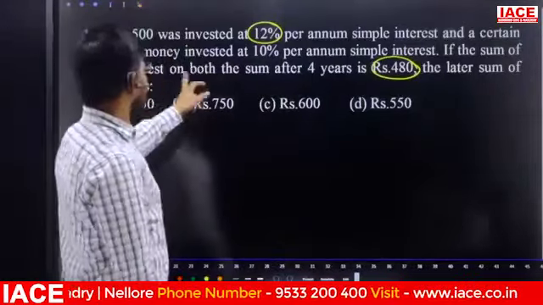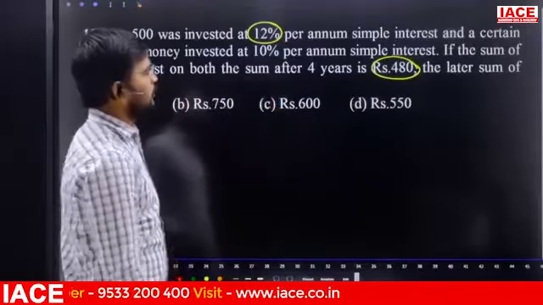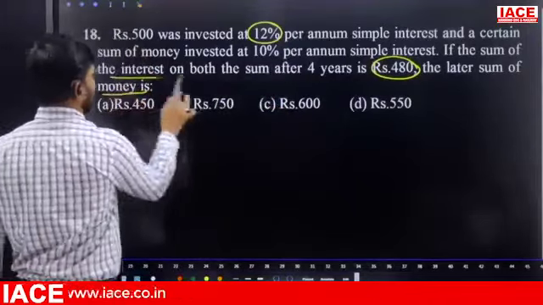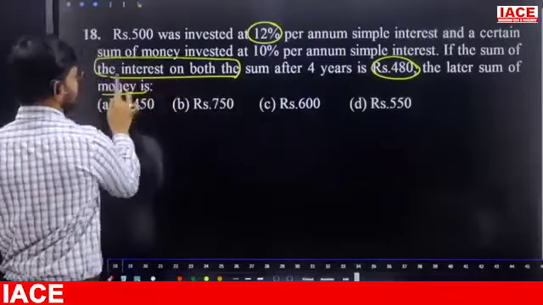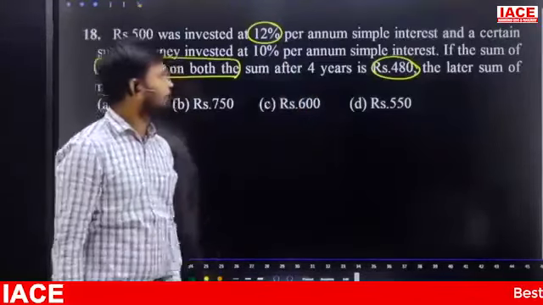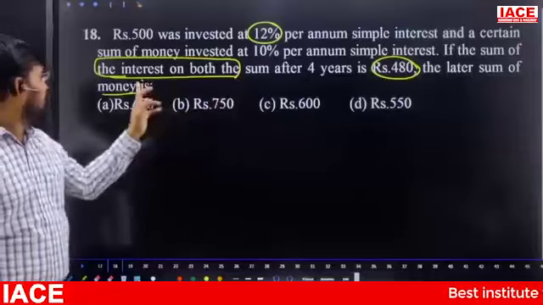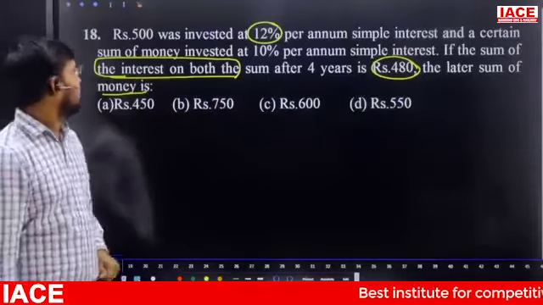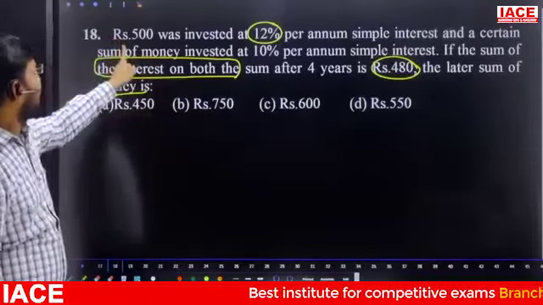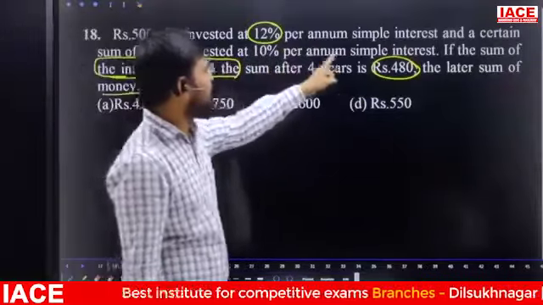So the sum of the interest on both cases is 480 rupees. They're asking the second sum is how much?